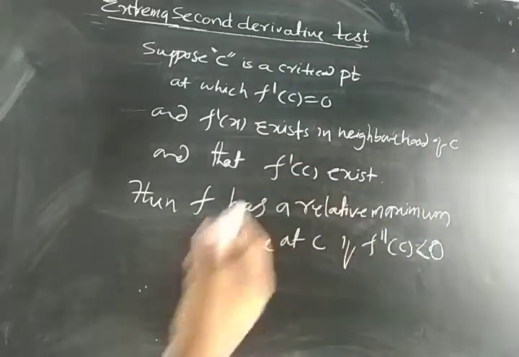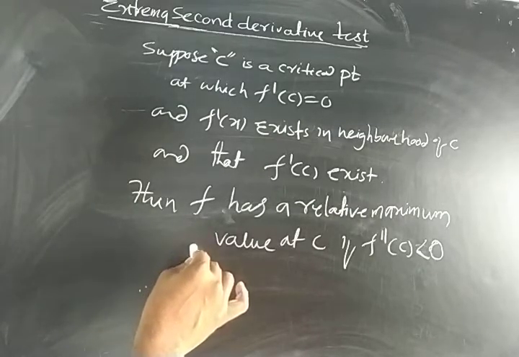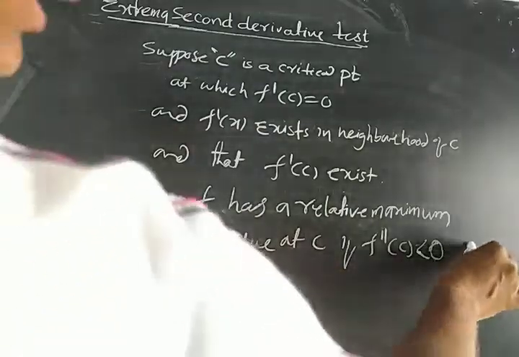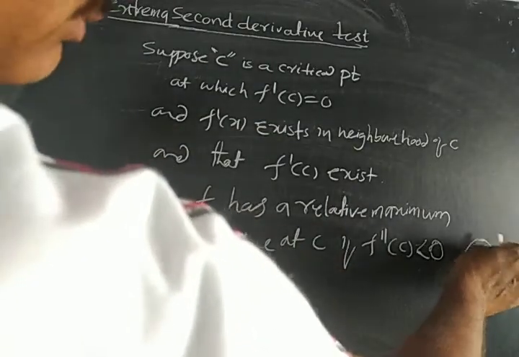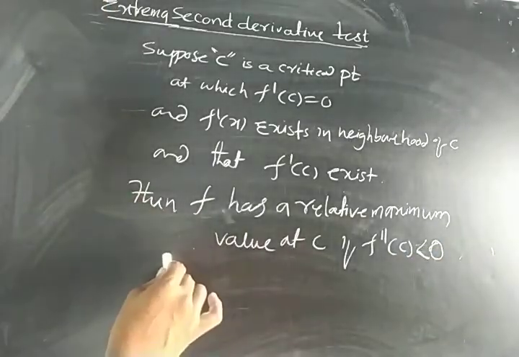Concavity downward means it has a local maximum where f double dash is less than 0, right? It will be like this, no? Concavity downward, it obtains maximum value when f double dash of c is less than 0.